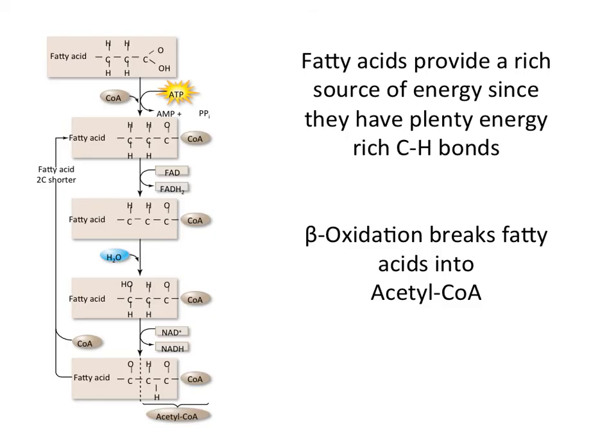So this is the process of beta oxidation, which is the process of catabolizing fats. And as you can see here, you need ATP, so you put an ATP in to get the process started. So this is kind of similar to glycolysis in that sense. You have to put some energy to get it started.